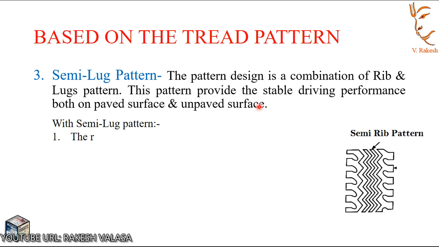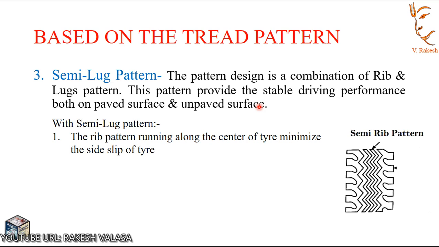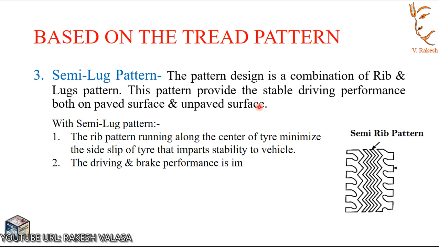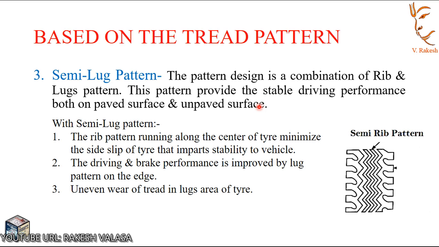Let us see the advantages of semi lug pattern. The rib pattern running along the center of the tire minimizes the side slip of the tire, which imparts stability to the vehicle. The driving and brake performance is improved by lug pattern on the edge. Uneven wear of tread in lugs area of tire.